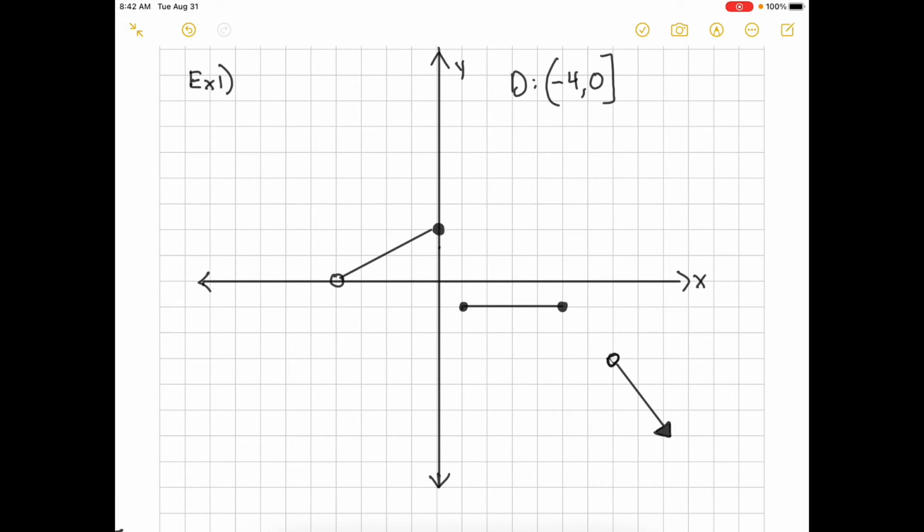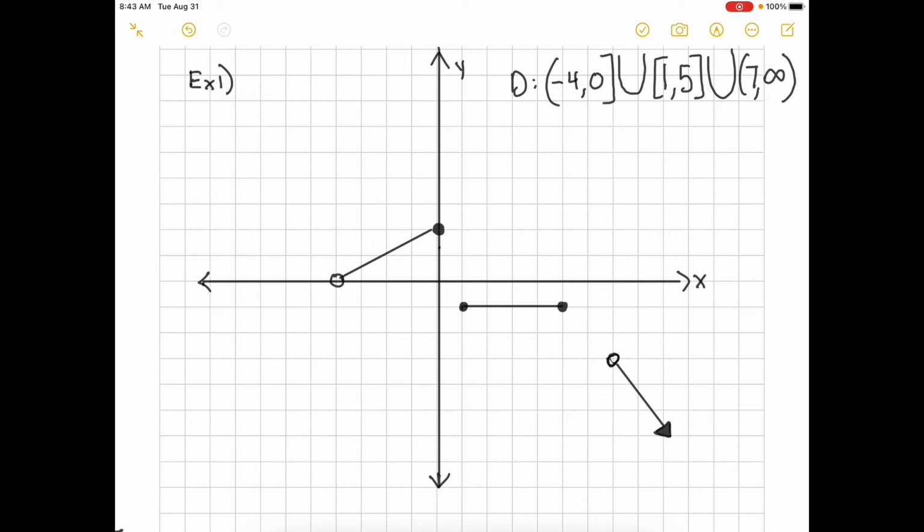This is the union symbol, or the OR symbol. We'll pick back up at 1, it is included, and we'll stop at 5, it is included, and then we'll pick back up at 7, it's not included, and we will go all the way to infinity. There's your domain of the piecewise function.